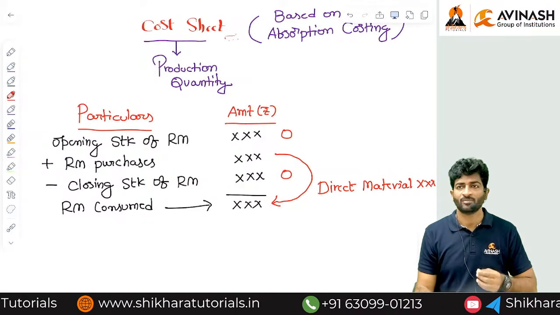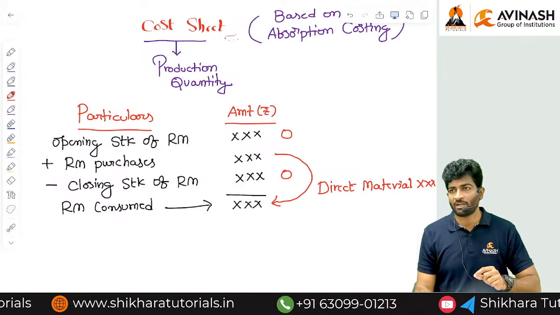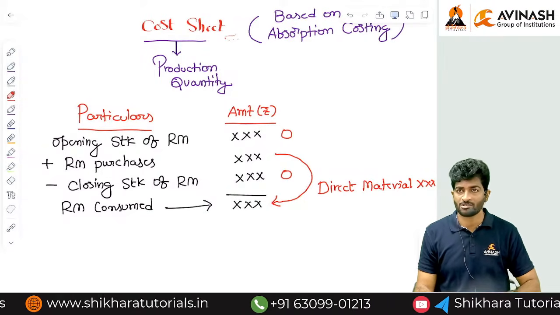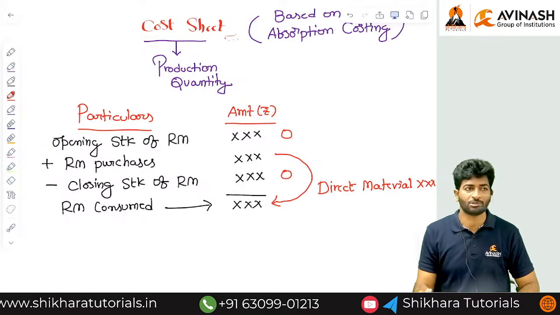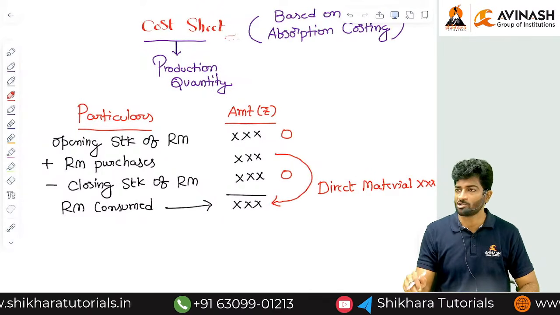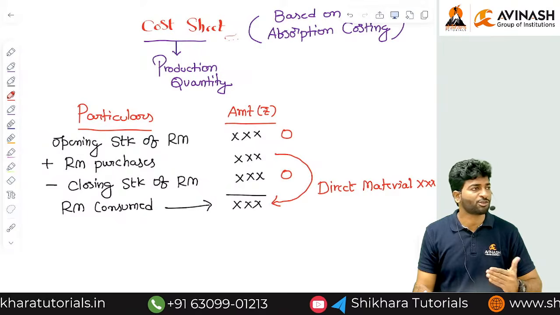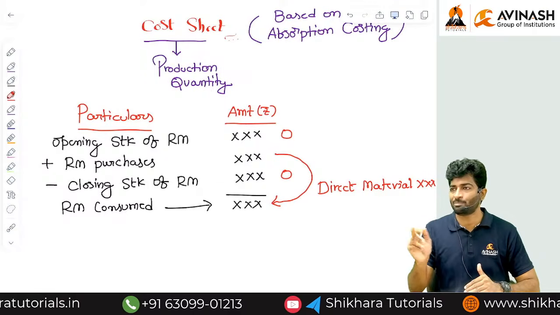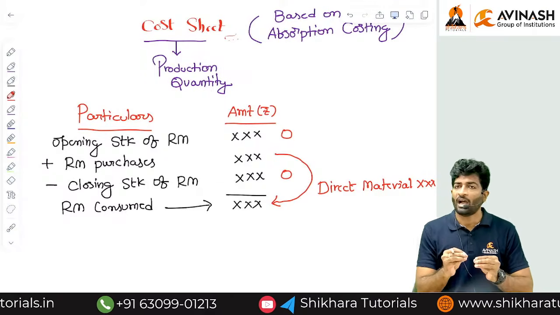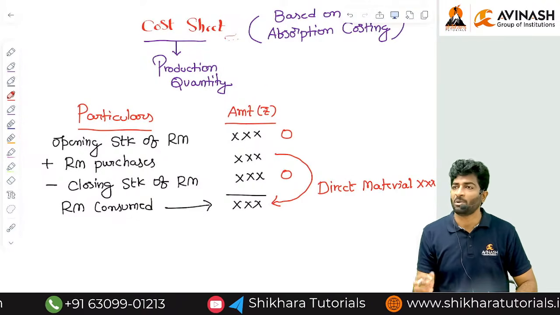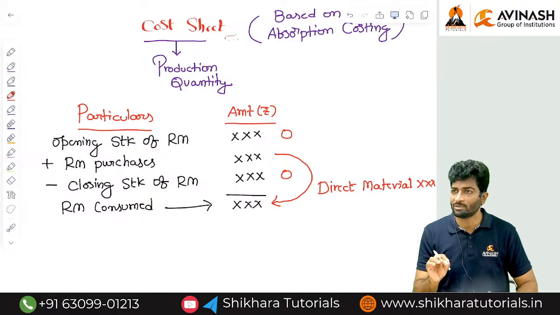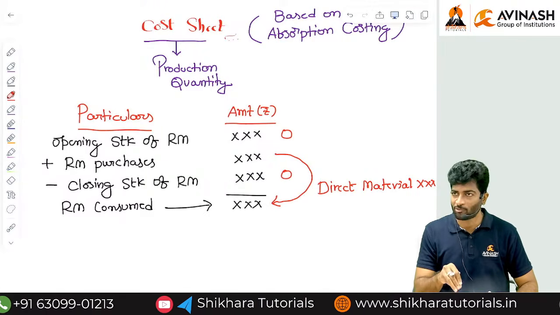Is it clear? See, for the sake of problems, I may give other combinations also. If opening stock is 50,000 and closing stock is also 50,000, 1,50,000 you are adding, 1,50,000 you are subtracting, plus minus, it will get cancelled and you will have the same purchase as consumption. Maybe numbers are repeating, same numbers, but still you have to write as per the proforma, you have to write everything.